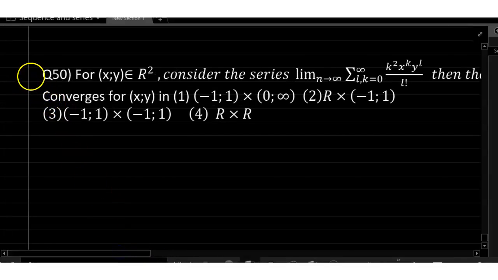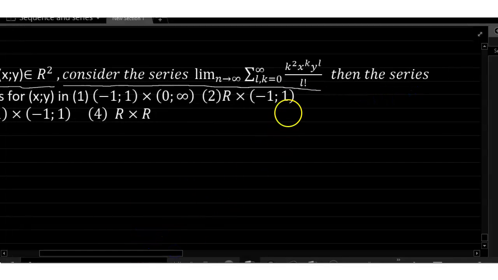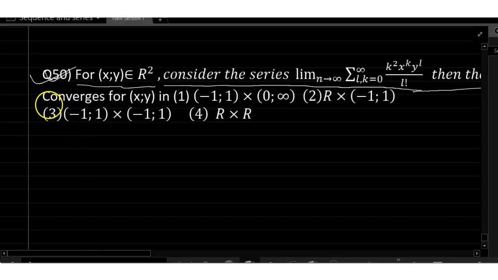So for (x, y) belonging to R squared, consider the series, limit n tends to infinity, sum over l, k equals 0 to infinity of k squared x to the power k y to the power l. Then the series converges for (x, y) in which set?